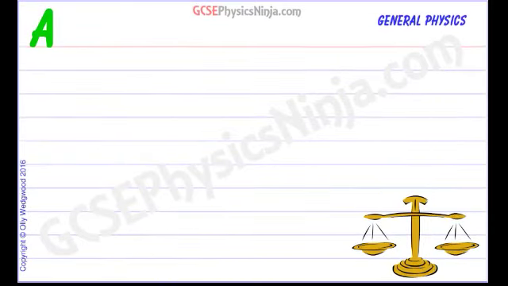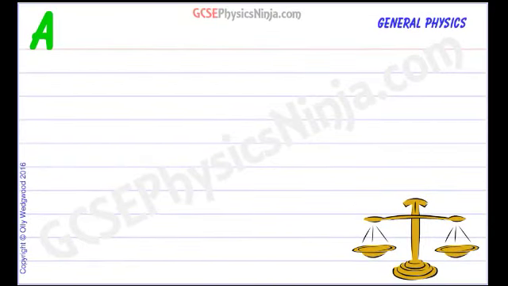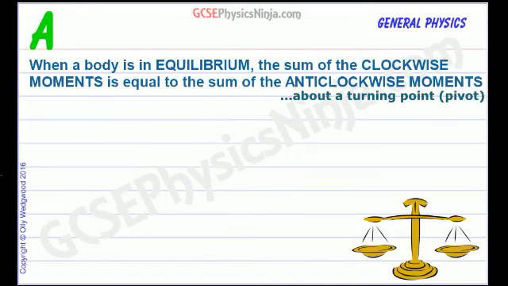So let's have a look at that. So first of all, here's the definition of the principle of moments. So when a body is in equilibrium, i.e. it is at rest or moving at a constant speed, and I'm just going to put here balanced because it will usually be with reference to a balanced system, then the sum of the clockwise moments is equal to the sum of the anti-clockwise moments.